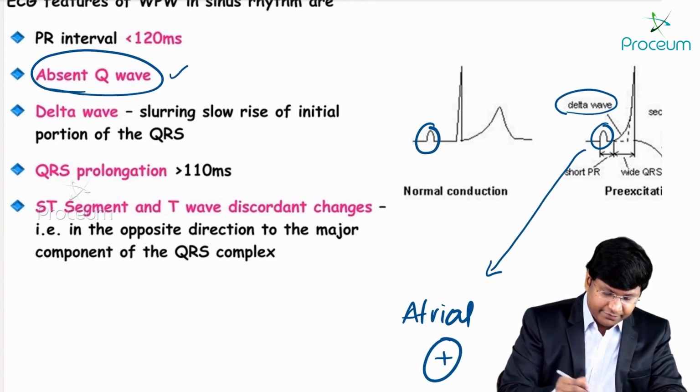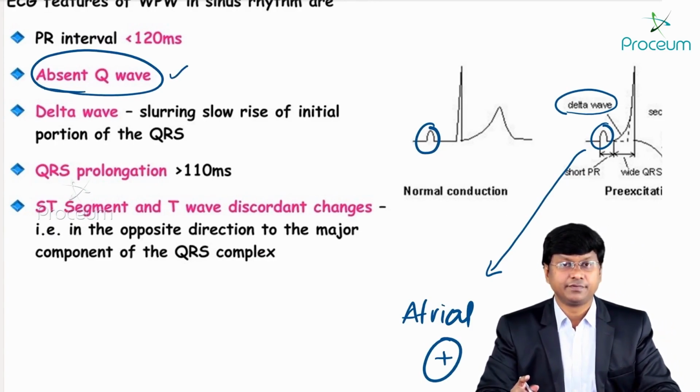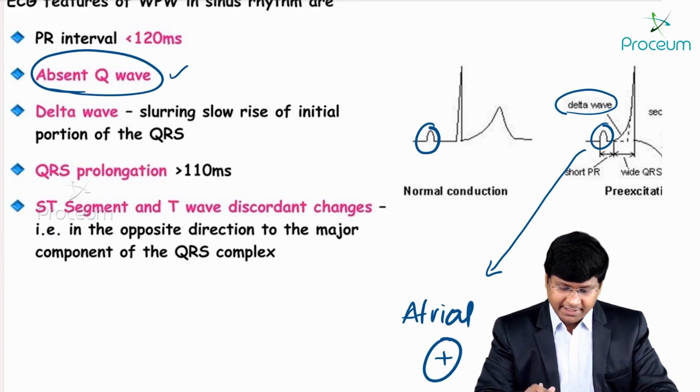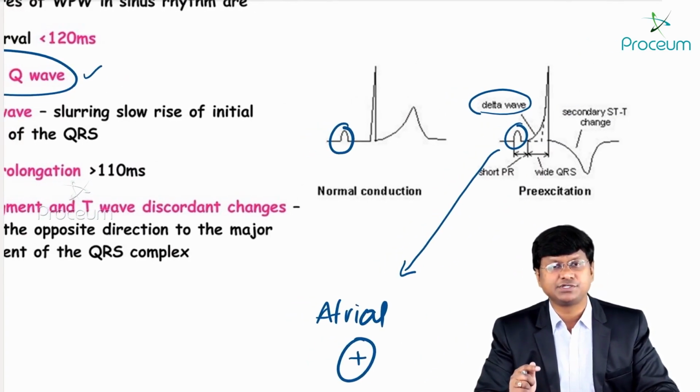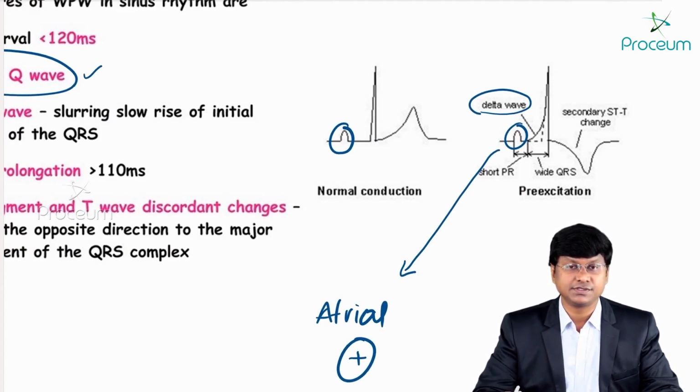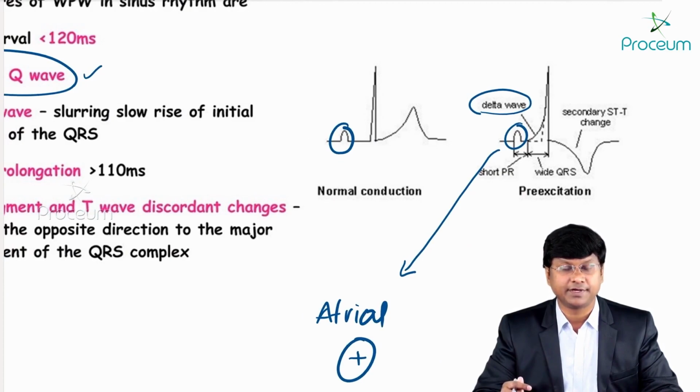When will you have the Q wave? You will have the Q wave when there is depolarization of the interventricular septum. But here, before the depolarization of the interventricular septum, the ventricle is directly getting depolarized from the accessory pathway, so you will not have the Q wave.